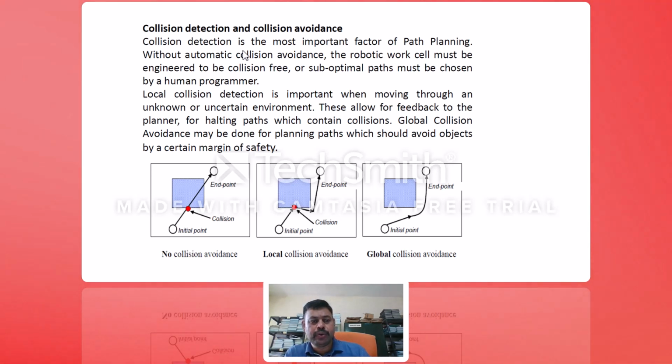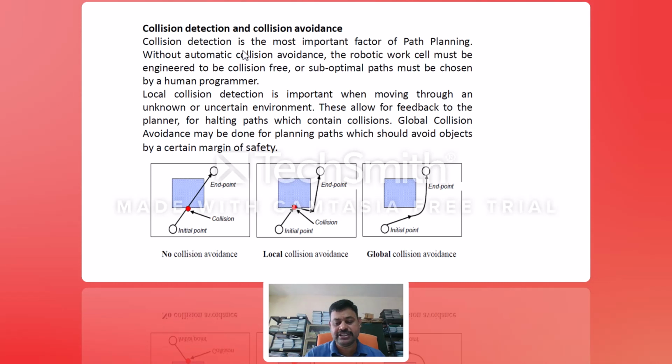Why collision? You will ask, what will happen if a collision comes? For example, a robot is carrying a machine and moving from one place to another. In between, if it hits an object, suddenly a new machine, or some repairing person crosses, then both collide, and it becomes a big accident. The machine will be damaged, and the person handling it may die. So many problems are there.